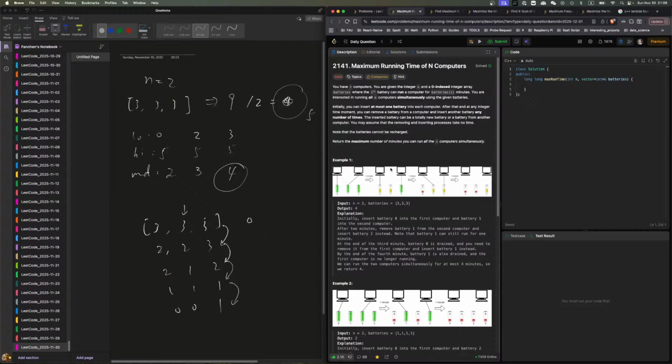And so we sort it first, right? So I have this much. If the smaller is larger or equal to, then we can always get bigger time. So now we get bigger time.